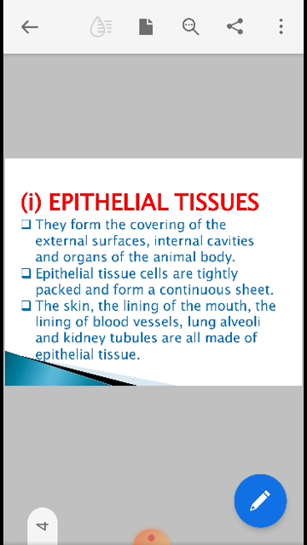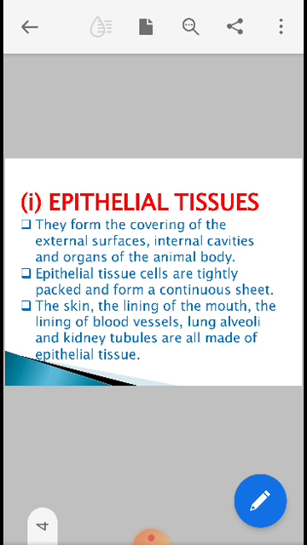Now, this epithelium is usually separated from the tissues by an extracellular fibrous basement membrane. You can see a membrane that separates these tissues from the other parts of the body. So, it has its unique function in different parts of the body, and on the basis of that, these tissues perform their function.